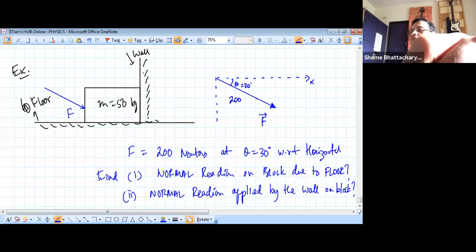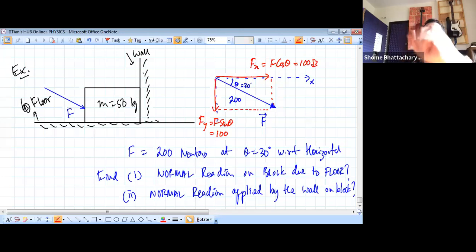So my horizontal component will become cos 30 and the vertical component, which will be in the vertically downward direction, will be sin 30. So this y component will be F sin theta, so it will become 100, and the x component will be F cos theta, which will be 100 root 3.